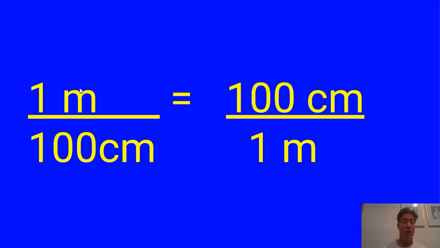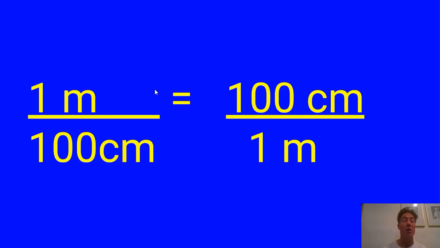We know these are equivalent, so I can put 1 meter over 100 centimeters because they're equivalent. This is a 1-to-1 ratio. And that's the reason I can flip this with no problem. Since this is a 1-to-1 ratio, this is also a 1-to-1 ratio if I flip the numerator and the denominator. So both of these are perfectly correct.